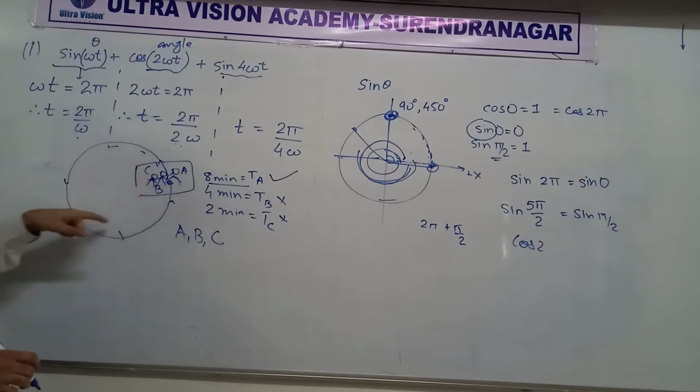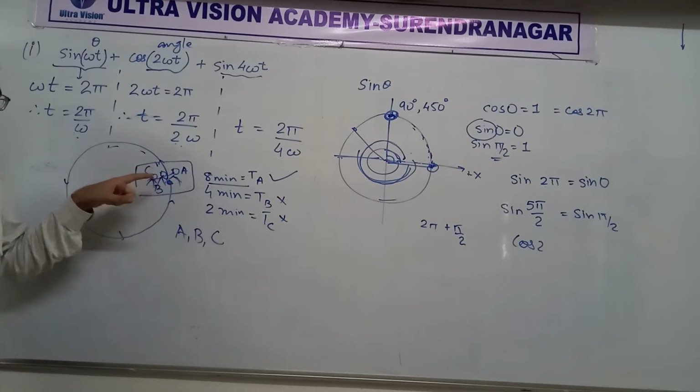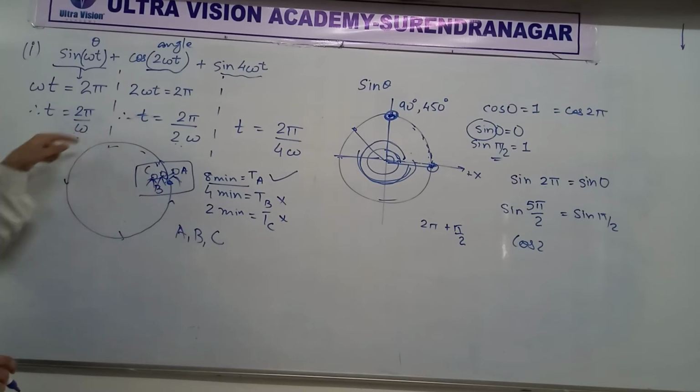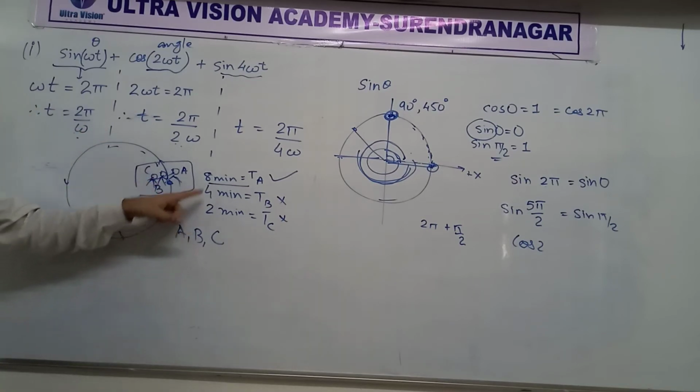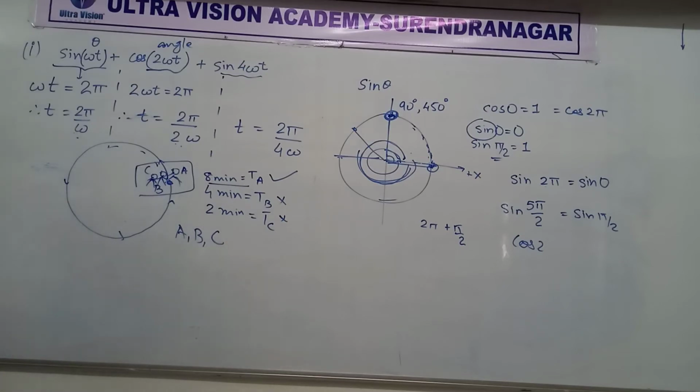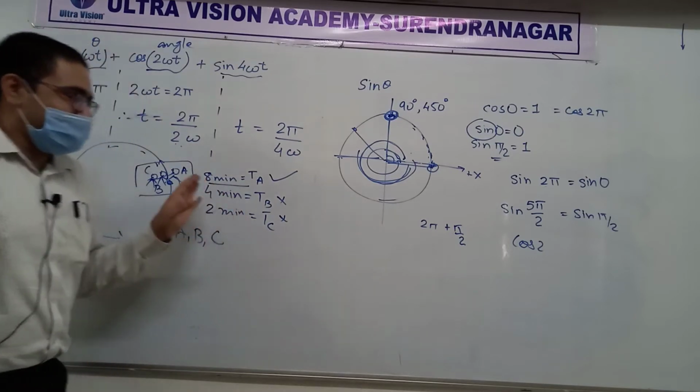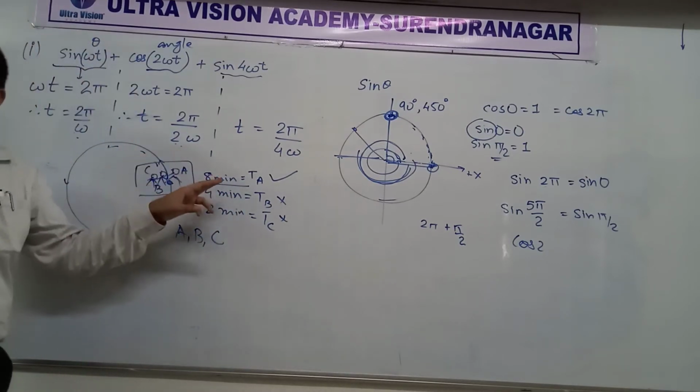At that time B would have finished 2 circles and come here and C would have finished 4 and come here. Clear? 8 minutes. So that means this is also periodic, right?